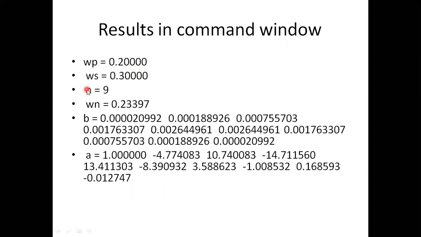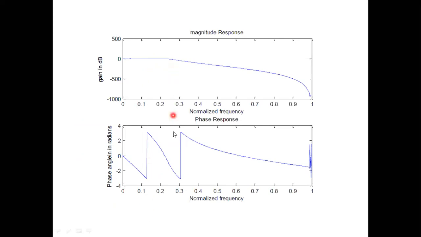Stopband frequency, N is your order, and omega n is your cutoff frequency. All these values are in normalized form. These are the coefficients, the numerator coefficients and the denominator coefficients. Clear? So in the command window, you will get all these results, and these are your plots, the gain plot, magnitude plot, and your phase plot.